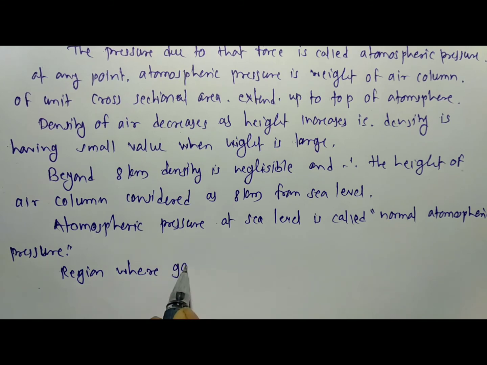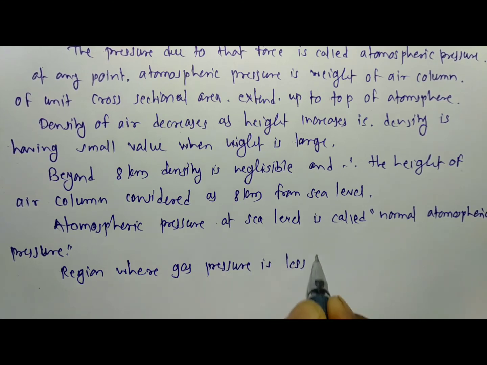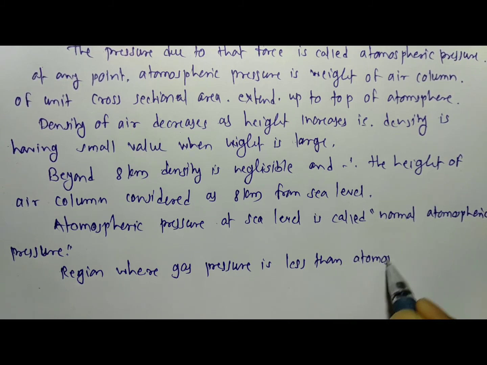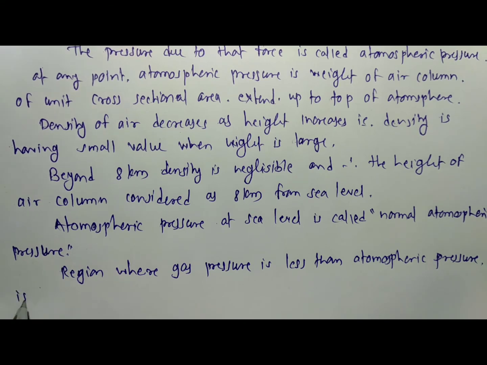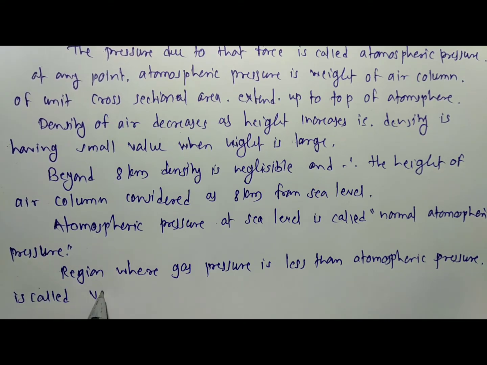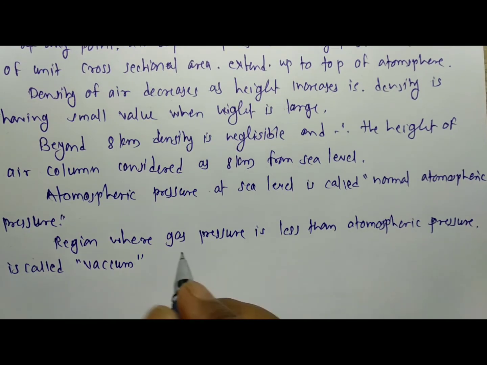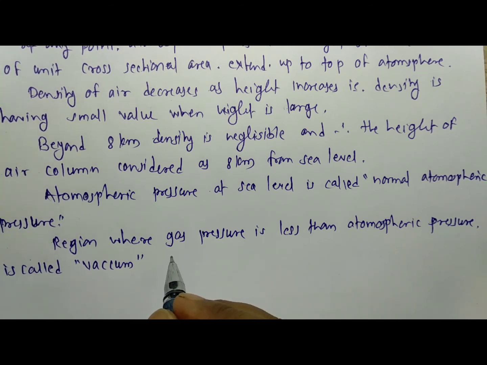A region where gas pressure is less than atmospheric pressure is called a vacuum. A perfect or absolute vacuum means no matter is there, no atom or molecule present at that position.